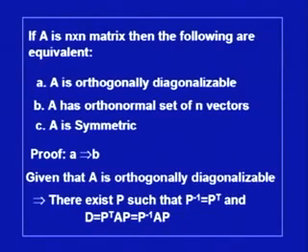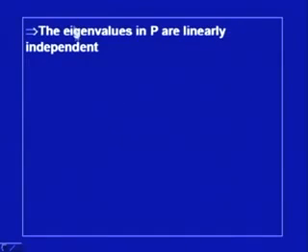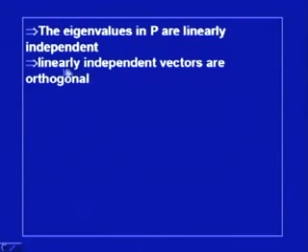From here one can notice that a matrix A being orthogonally diagonalizable means that matrix A is diagonalizable, because we can express P inverse AP as D. That means the eigenvectors in P are linearly independent, because the matrix A is diagonalizable, and linearly independent vectors are orthogonal, we know.